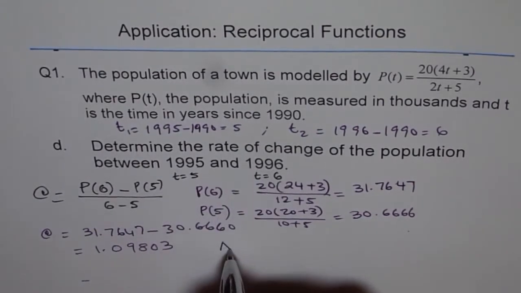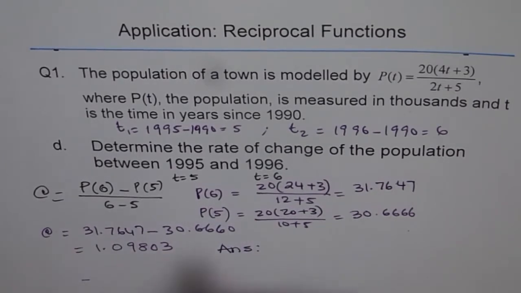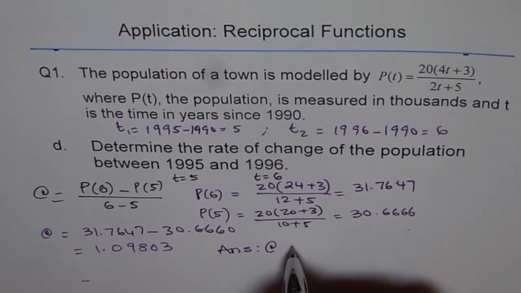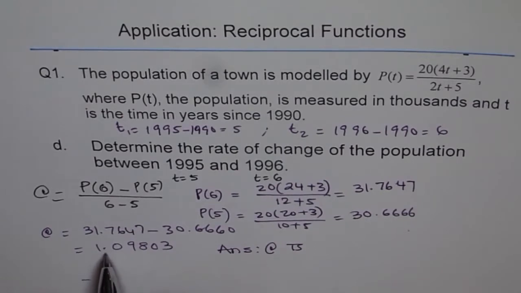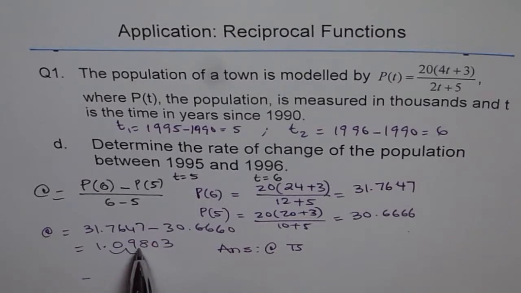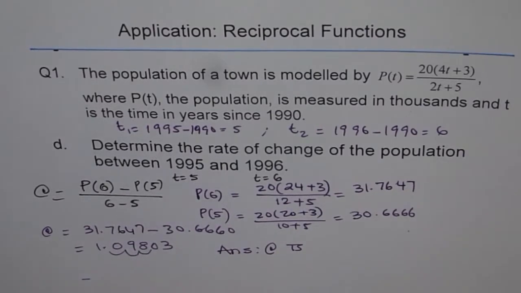So we can write down our answer as the rate of change of population is, if you write it like this, that's okay, but you have to mention the units. So it is in thousands, right? So if you do it in thousands, the decimal will move 3 places, 1, 2, and 3, or use your calculator and multiply by 1000.